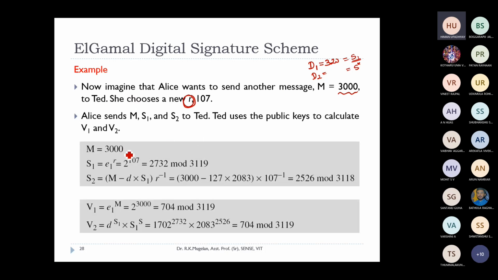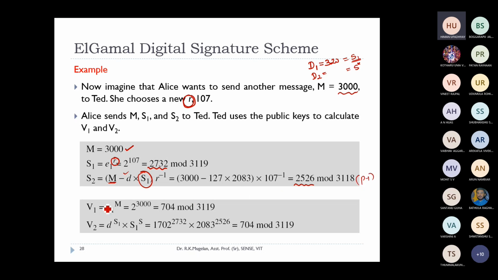Since he has changed the value of R, the entire value of S1 changes. Once S1 changes, its impact carries over to S2. The same value of D, 127, and the same value of P are used. At last, I'm getting 2526. Actually, this is 3118, because the second function uses P minus 1.